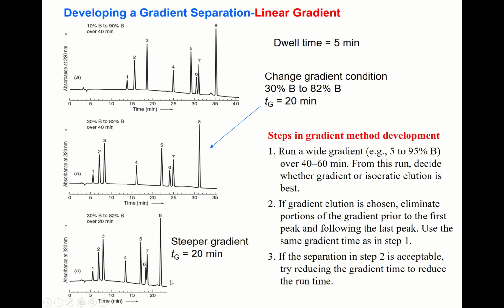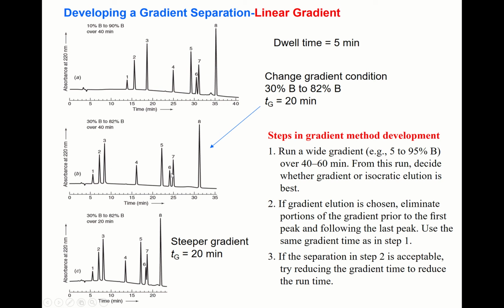Here, look at that. Do you like this one? Maybe, but there is one little problem. In chromatogram C, compounds 6 and 7 are not well separated. With the steeper gradient, some compounds are not well separated.